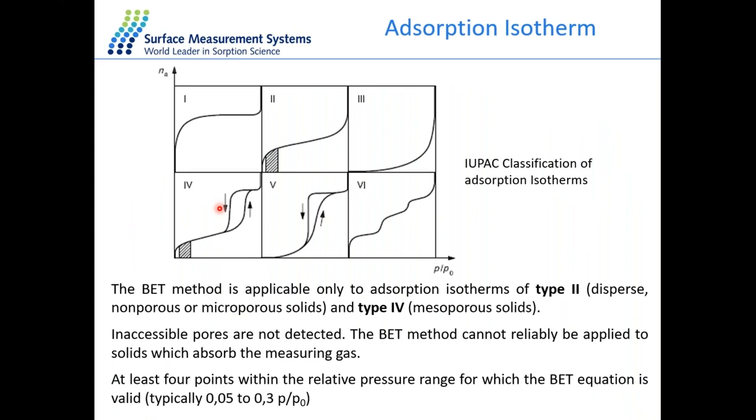For those of you not familiar, the way to get access to the BET surface area is by generating a gas or vapor sorption isotherm. This is one of the older IUPAC classifications of isotherms. There are newer classifications of these, but for the general purposes of this talk, we can use this as a frame of reference.